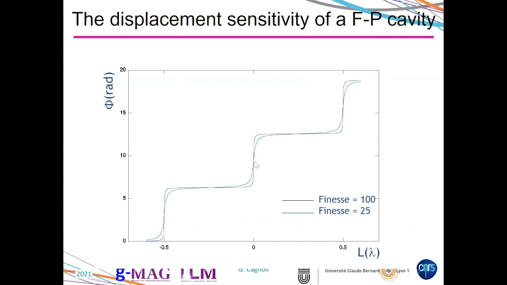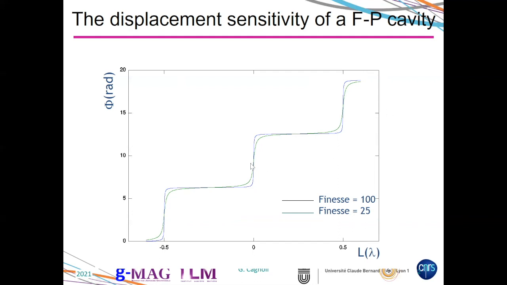When instead we use the Fabry-Perot cavity, we see that this function is no longer linear. It is made of plateaus, in which the sensitivity of the phase reflected back from the cavity goes down to 0.